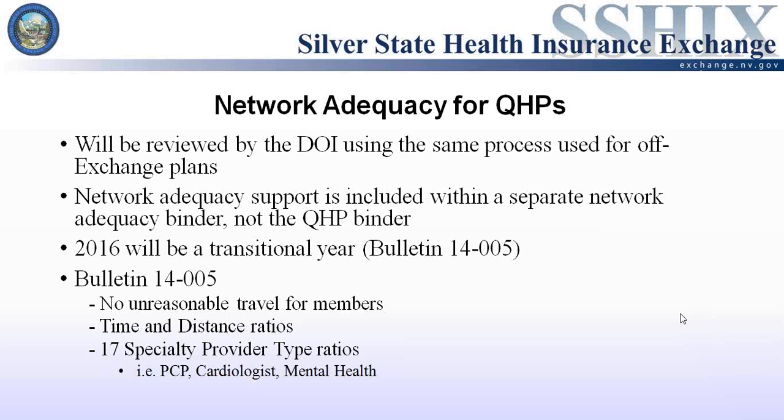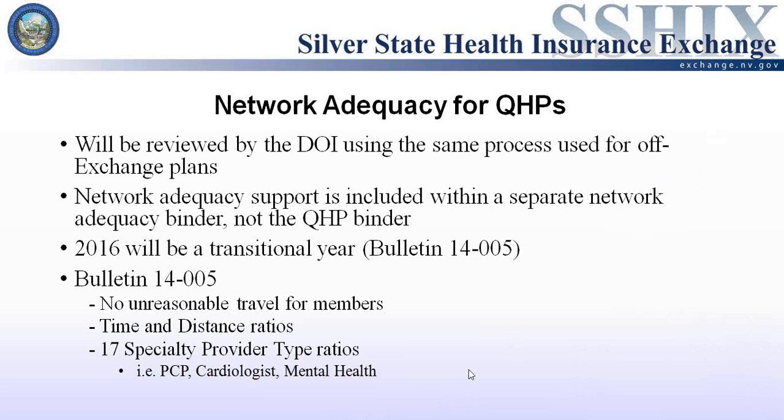So network adequacy for QHPs is the same process that the DOI is going to be using for all plans in each market segment. I just want to make it clear to carriers for QHPs that network adequacy support is not to be included in the QHP binder.